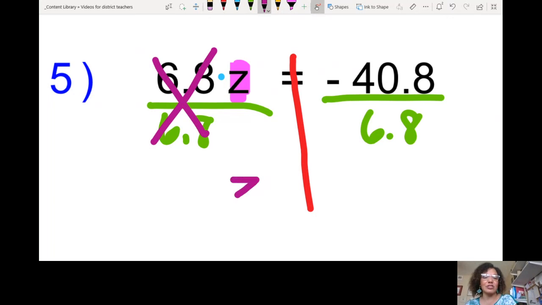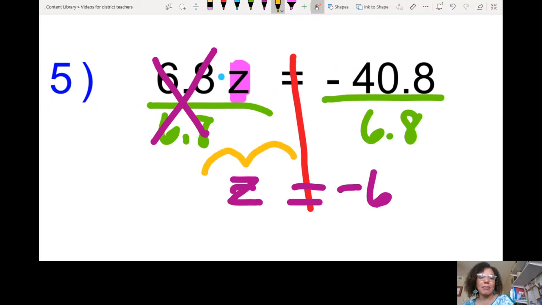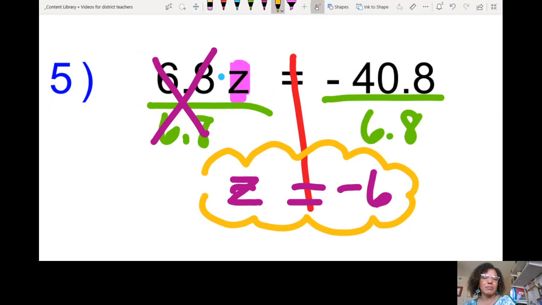So I just have Z, just like I like it, equals, handy dandy calculator. And we have negative 40.8 divided by 6.8. That gives us negative 6. Negative 6.